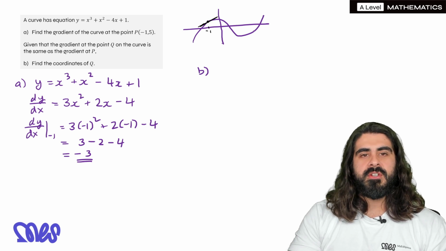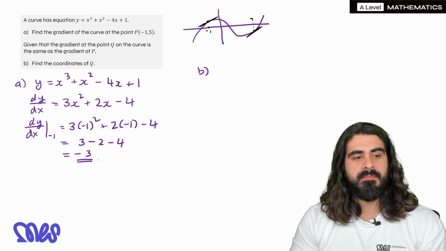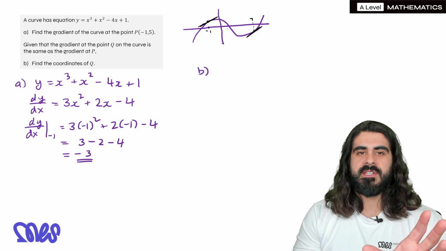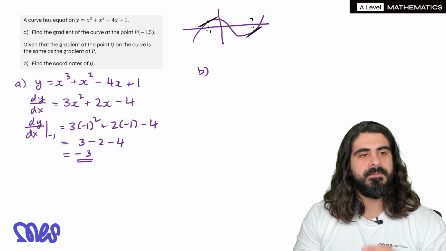There's going to be another point Q that has the exact same gradient, maybe here, where the tangents have the exact same gradient. We want to work out what that is. Obviously, here in part A, the gradient was minus 3, and these are positive gradients, but it's just a quick sketch just to explain why there's another point with the same gradient.